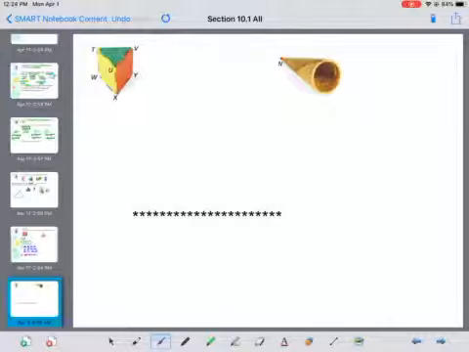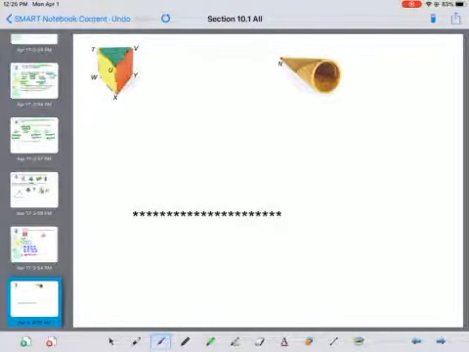Okay, same thing here. Here's your vertices. Here are your edges. And then there's one hidden back there that you can't see. Don't lose that one. And then your bases are the top and the bottom triangles.